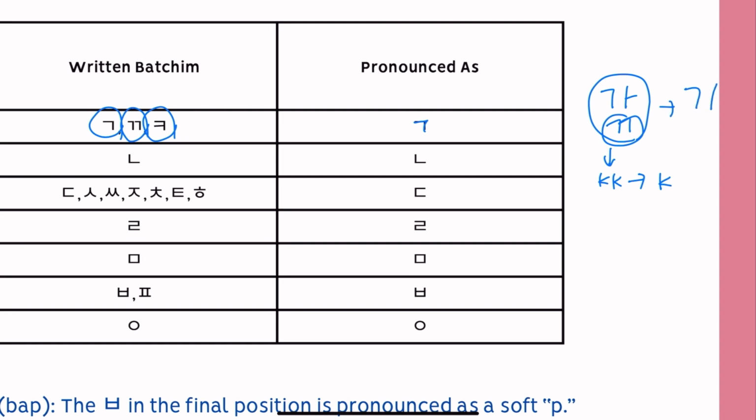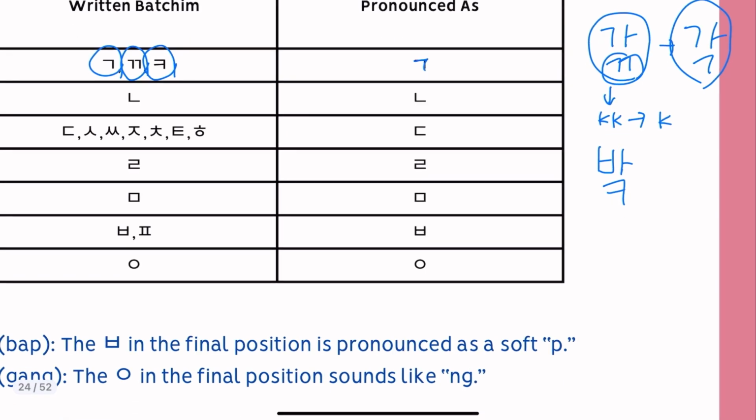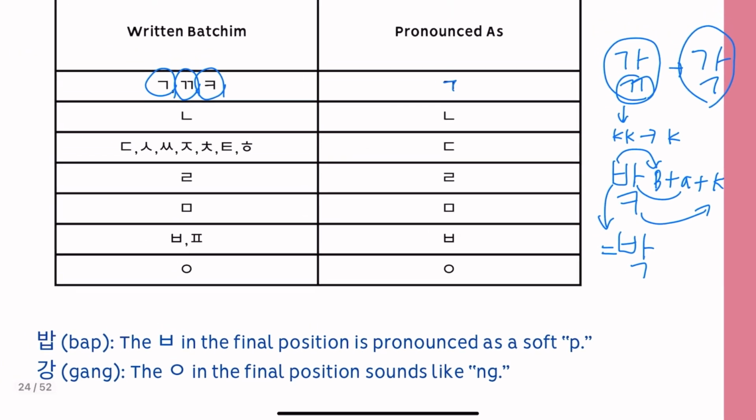It is exactly the same sound as kak. And of course, this is the b sound here, and the a sound here, and the k sound here, but it goes like the g sound. So exactly the same as pak. Easy.